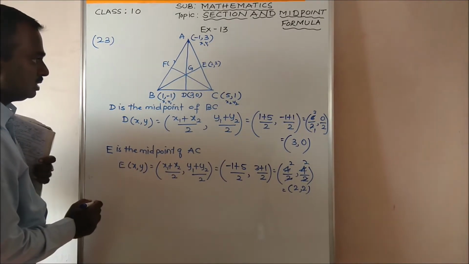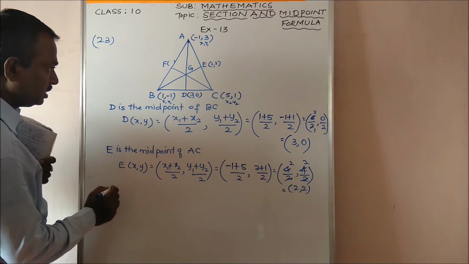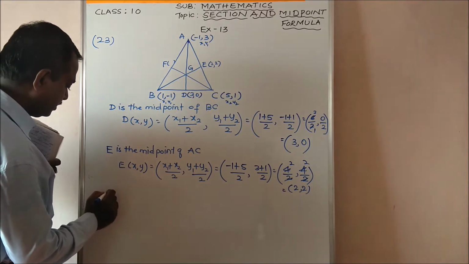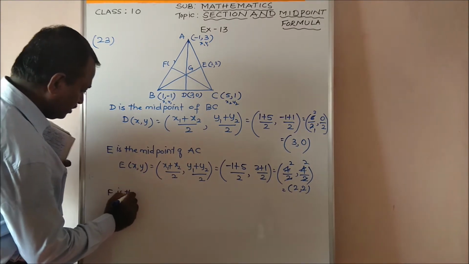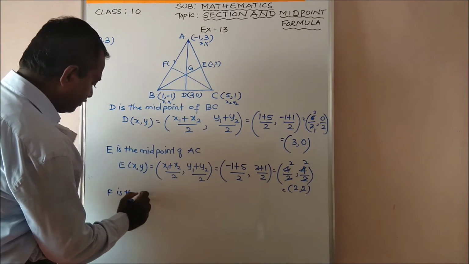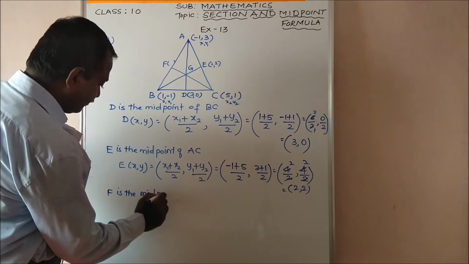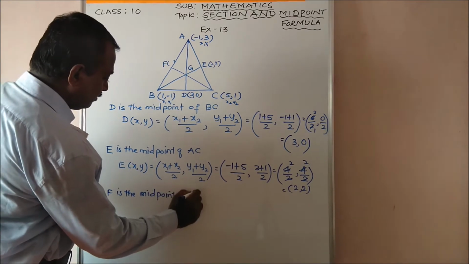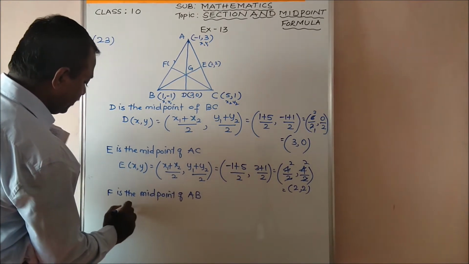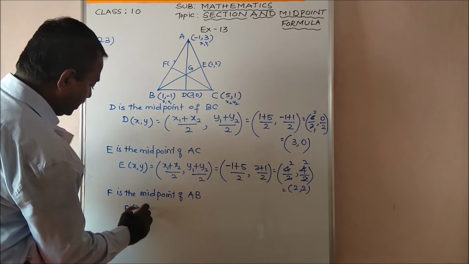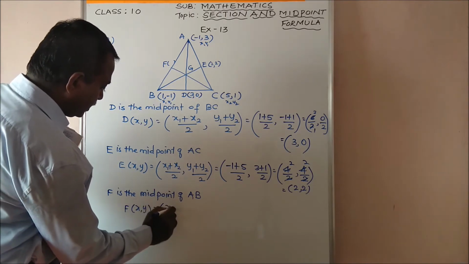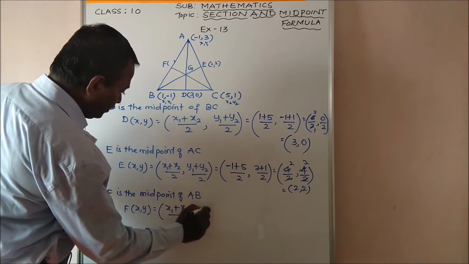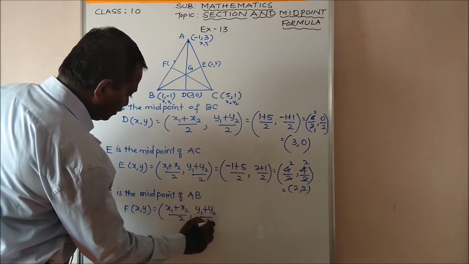Similarly, you find out F. F is the midpoint of AB. So F of (x, y) is equal to ((x1 plus x2) by 2, (y1 plus y2) by 2).